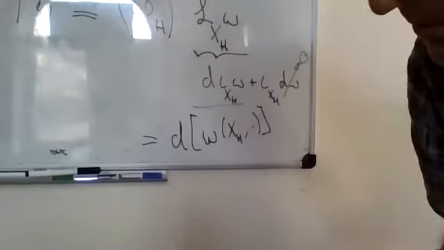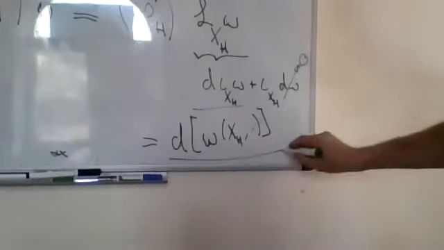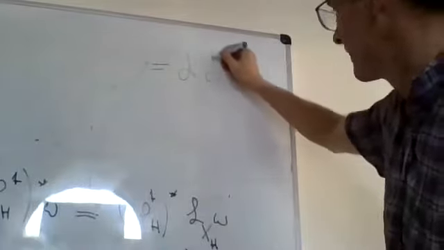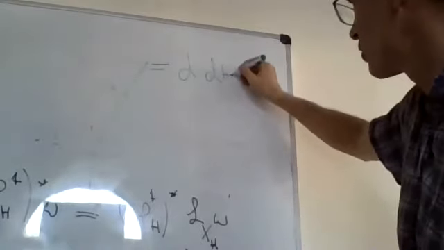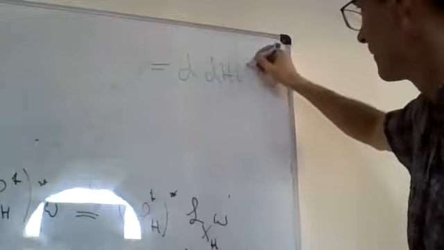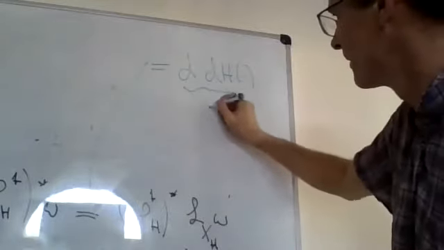But you see, omega of x_h comma dot, by definition, was dh, right? So this is d of dh. Yeah, but this is 0. dd is always 0, right?